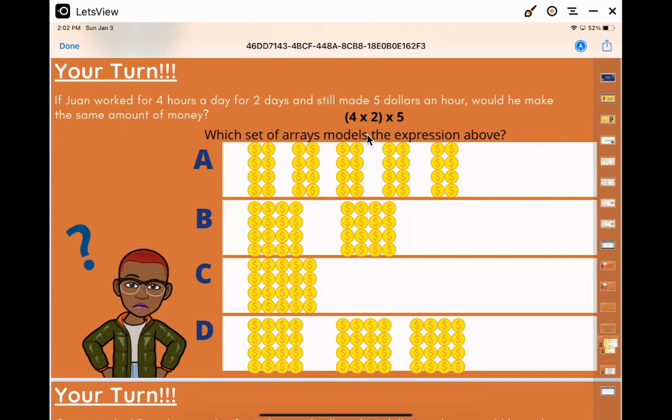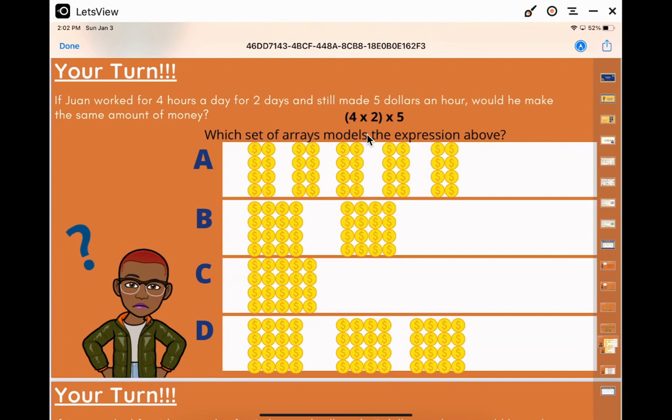Next question. Which set of arrays models the expression above? Take a long look at the picture, and then the question is going to pop up in your Nearpod. All right, so for this particular question, let's look literally at our expression.